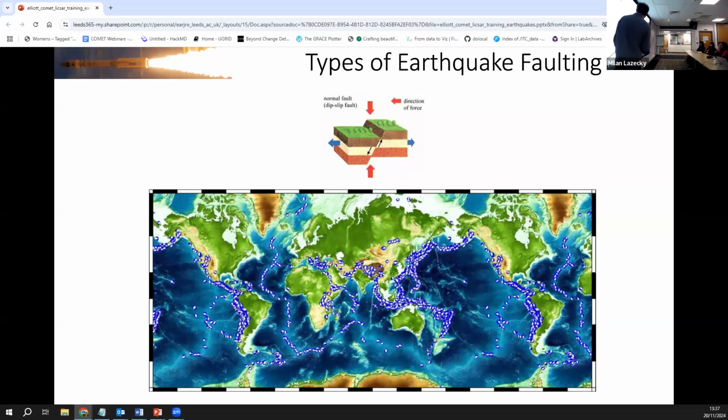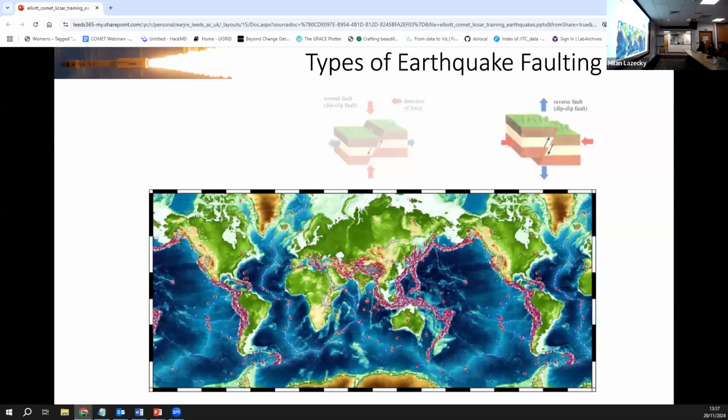You can't see that, so we have less interest in that. But in areas that are extending, such as the Tibetan Plateau, Greece, Turkey, where you're pulling apart the Earth's crust, it's collapsing perhaps under its own weight, and you get extension. So that's normal faulting. Reverse faulting is largely manifested by subduction zones where you get huge megathrust earthquakes.